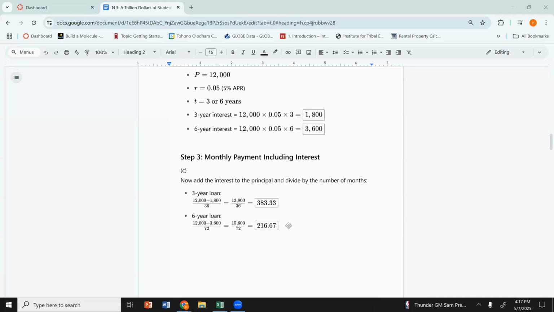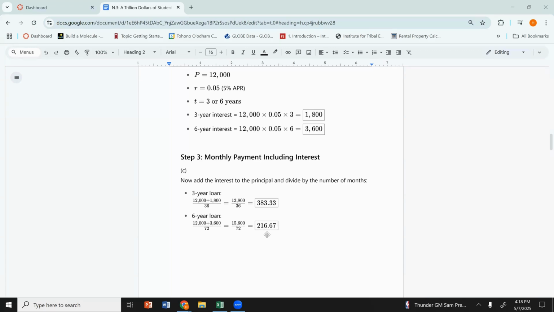So you'll have to make a decision here. 383.33 is definitely higher than 216 per month. So if you're concerned about your monthly payment, then you would probably consider the 216 and pay more interest overall, but your monthly payment is going to be lower.